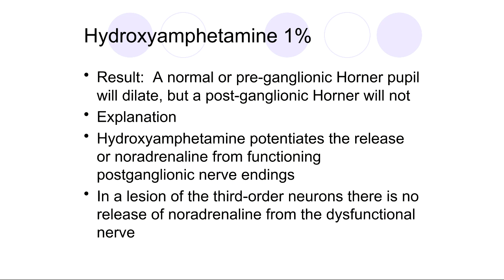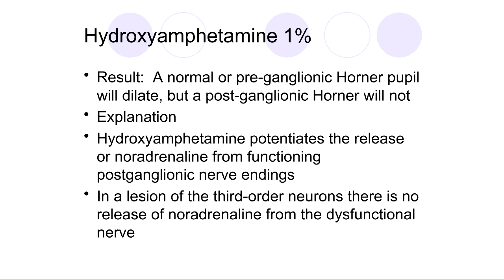This is because hydroxyamphetamine potentiates the release of noradrenaline from functioning postganglionic nerve endings. So in a lesion of the third order neurons, there's no release of noradrenaline from the dysfunctional nerve. So the postganglionic Horner pupil will not dilate with hydroxyamphetamine.